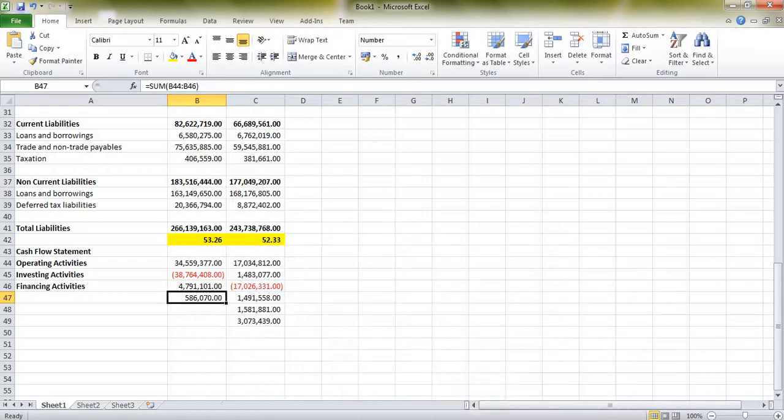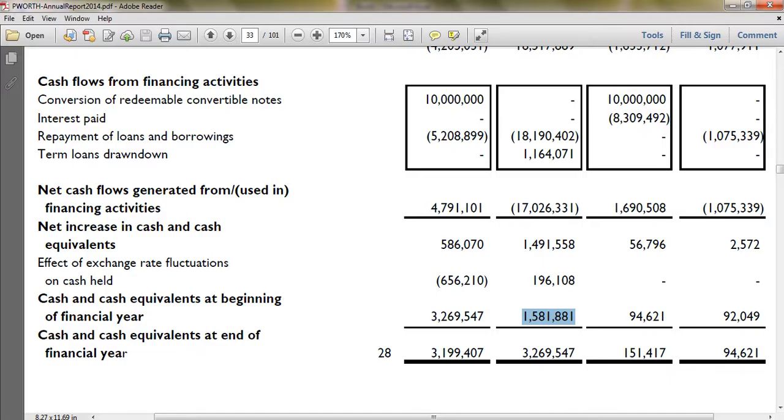Okay, for the next one, this one you can copy this one. Okay, and then this one plus this one. So this is the overall figures, and there's something over here. It's very funny.